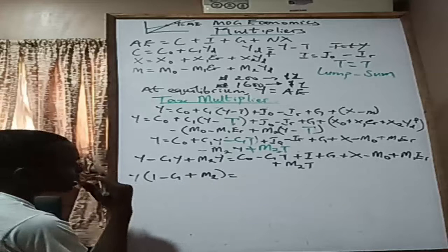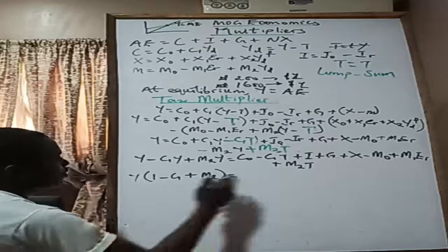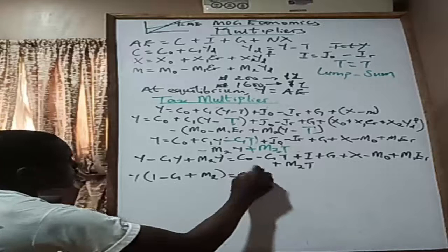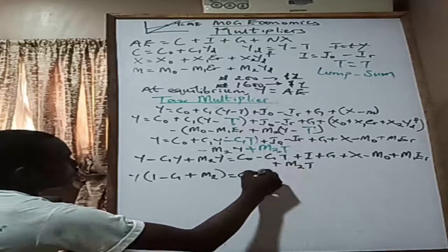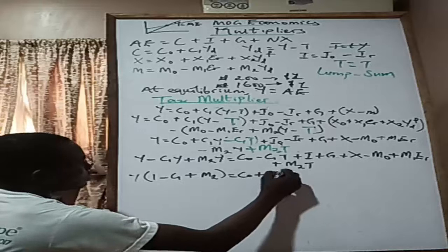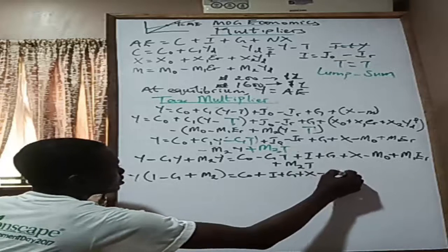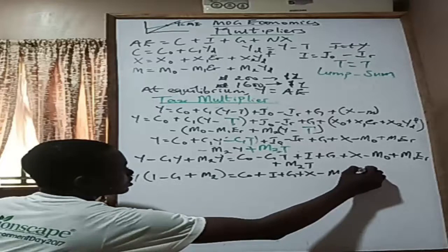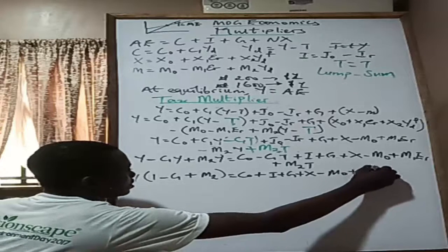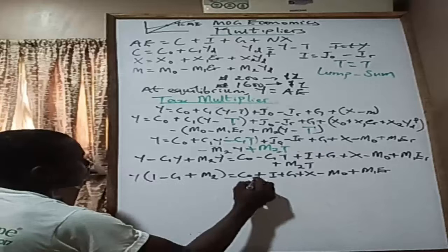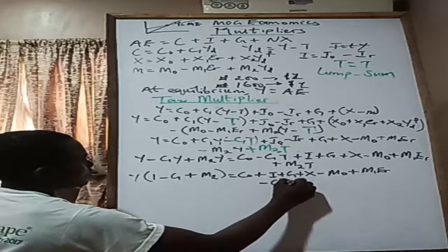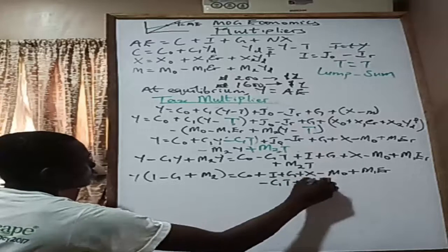So now I'm going to put the terms beside each other. So we have c naught, then plus I plus G plus X minus m naught, then plus m1eR. So I have minus c1t, then plus m2t.